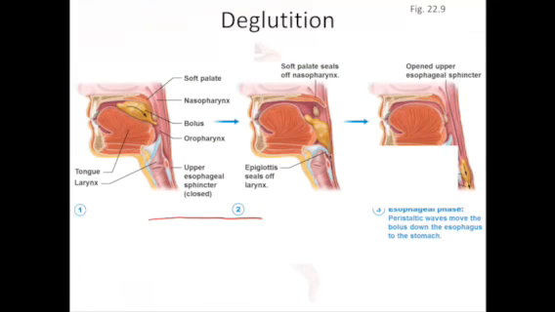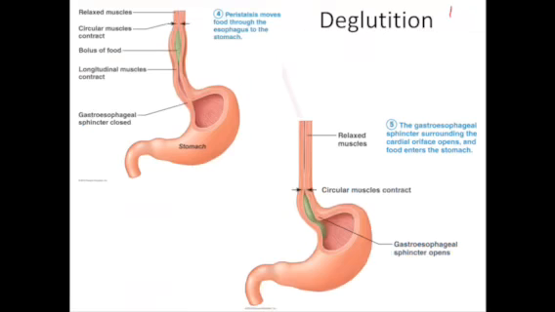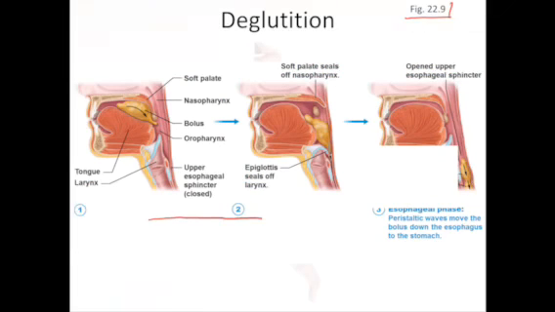So what I want you to do is look at these different phases of deglutition. Use this figure in your book, Figure 22.9, and fill in what's happening here. The first phase is in the mouth, the second phase is in the pharynx, and the third phase is down in the esophagus. So fill in what's happening there. This one got a little bit messed up in the esophageal phase.